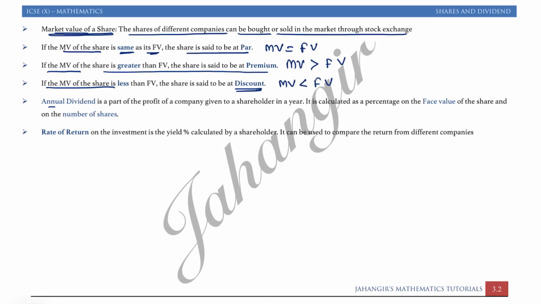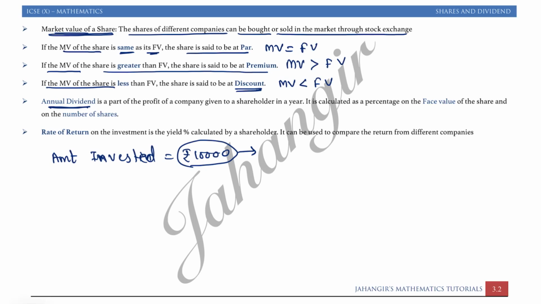Now it comes to annual dividend. Dividend is the word used for the income of the investor. Let us understand: if you invest an amount of rupees 10,000 in any company, why are we investing this amount?